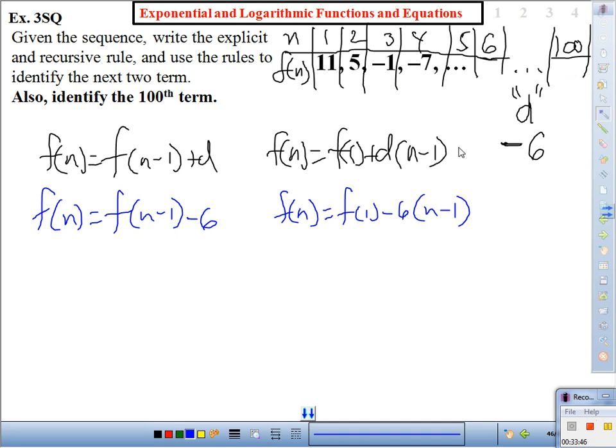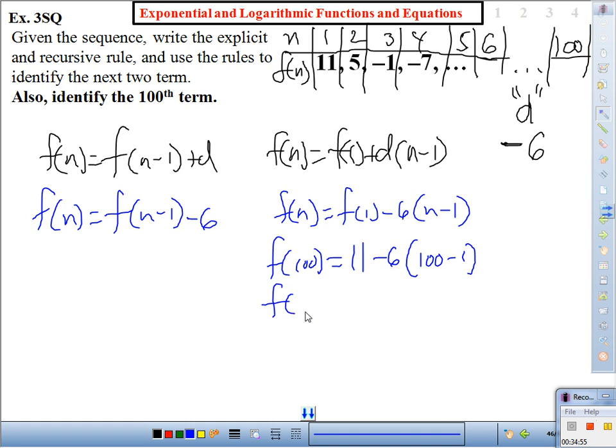So question to you, which of the two would you use to find the 100th? Would it work with this one? Let's find out. F of 100 equals, what is the first term? 11 minus 6 times 100 minus 1.